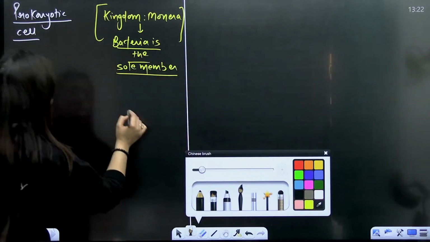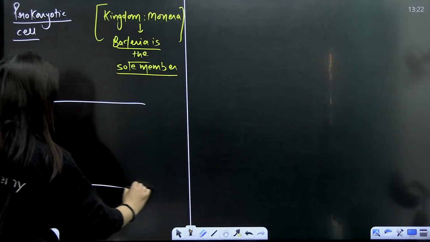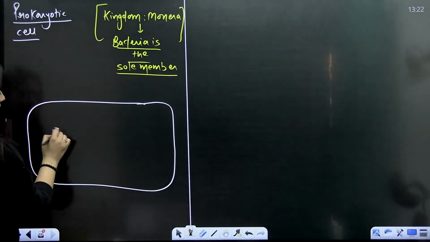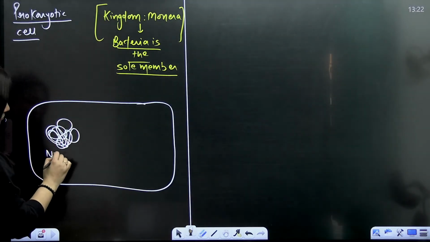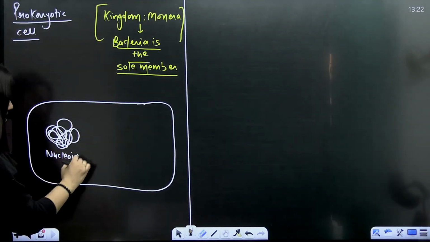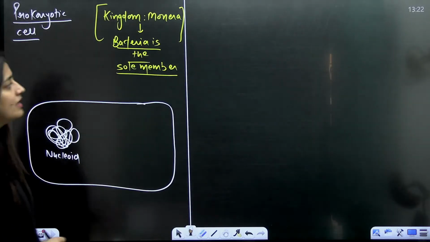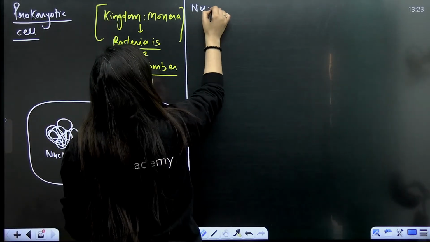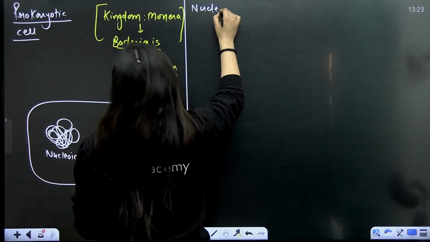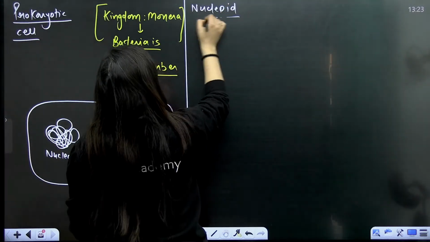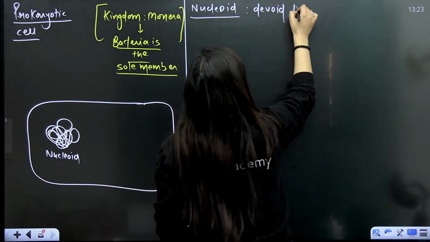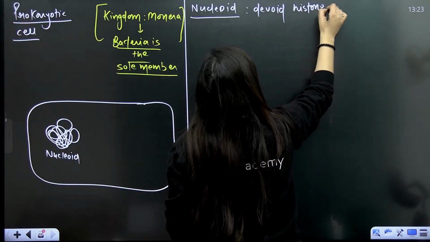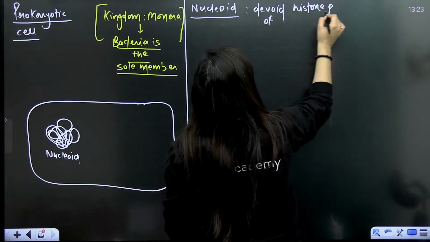Now when we look at the structure of the prokaryotic cell, as I said, the genetic material is directly there in the cytoplasm. So we call it the nucleoid. It is devoid of histone proteins.